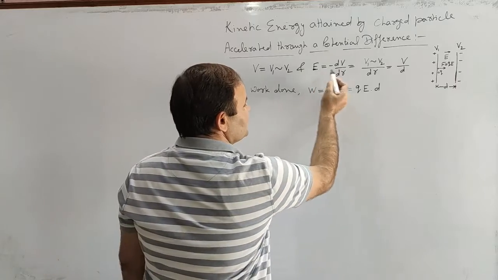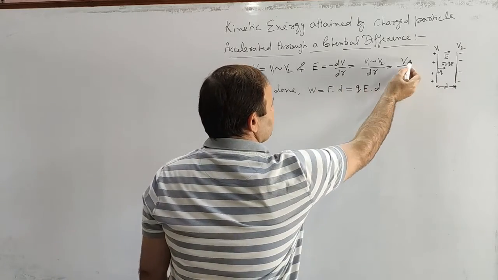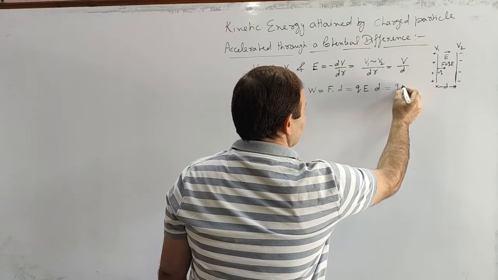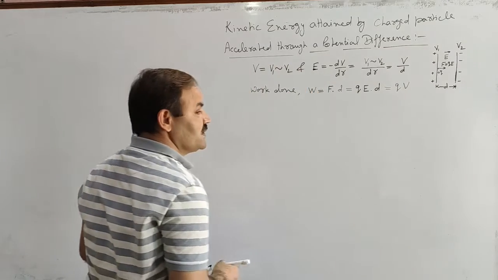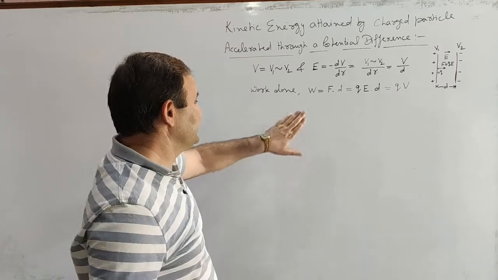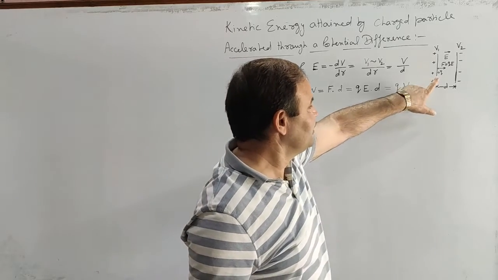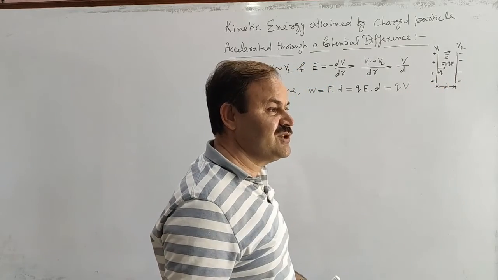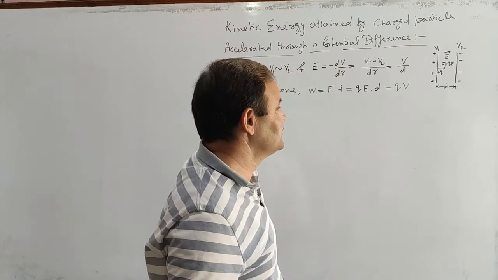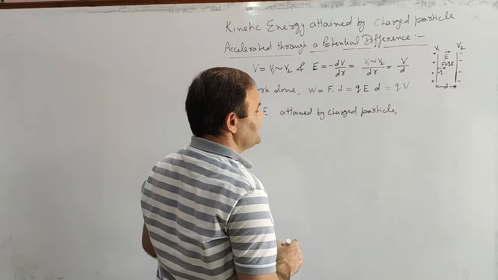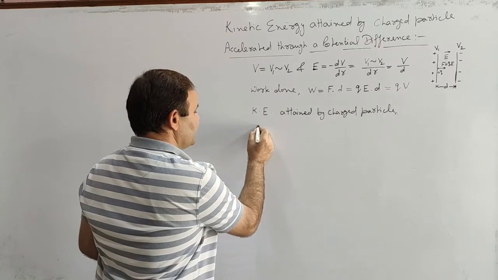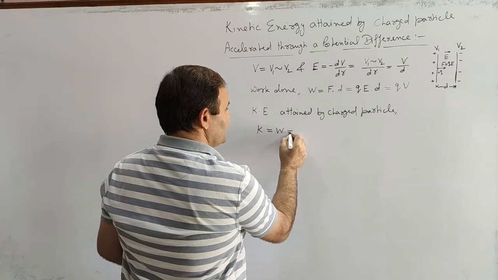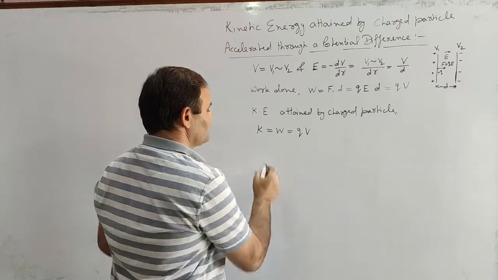But from this expression, electric field into distance will become electric potential difference V. So this work done will become equal to QV. And we know that work done by electric field on charge will appear as the increase in kinetic energy of charge. Hence, kinetic energy attained by charged particle K is equal to work done W, that is QV.